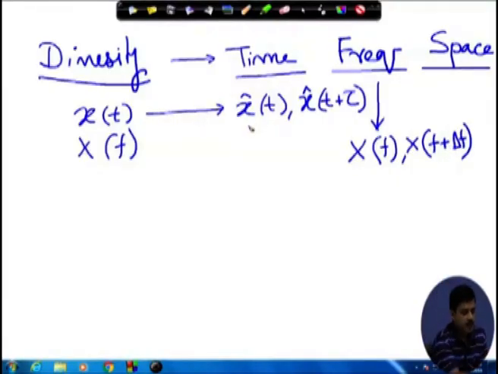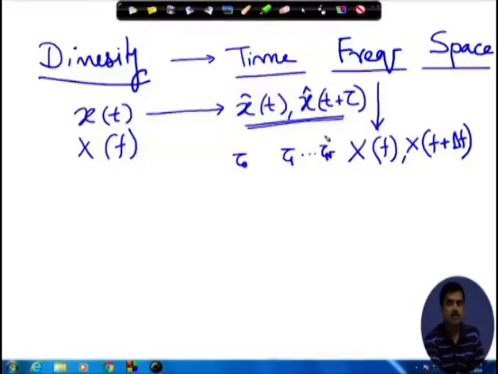So, in time domain, one can imagine that I would receive the first delayed version of the signal at tau 0, I would receive the replica of the signal again at tau 1 and so on and so forth up to tau n, that means the maximum delay.